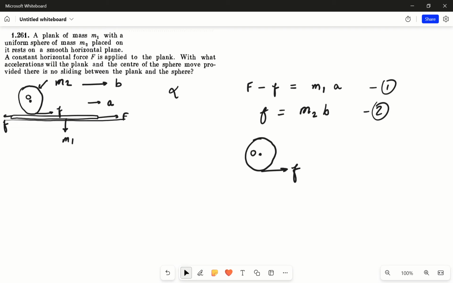About point O, there's only one force, that is friction, that is creating a torque. So the torque about point O is equal to f into R, right?